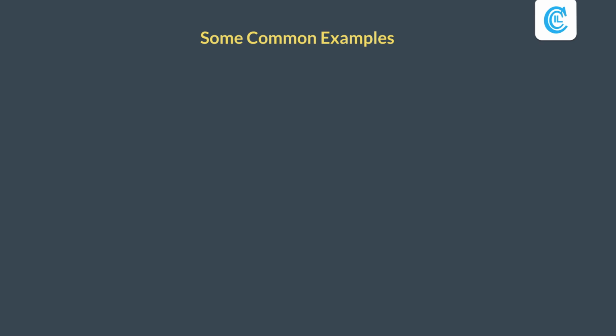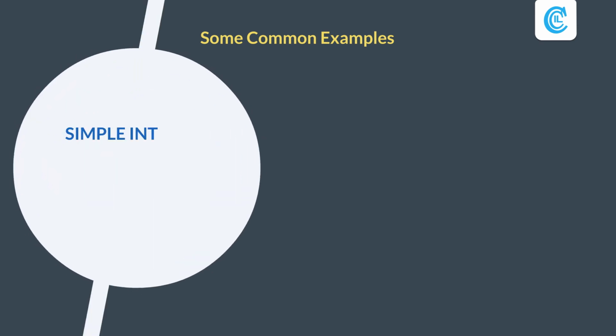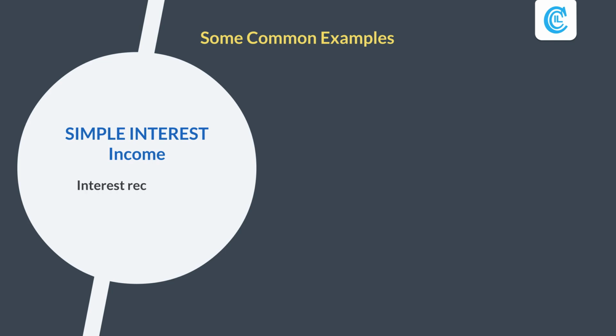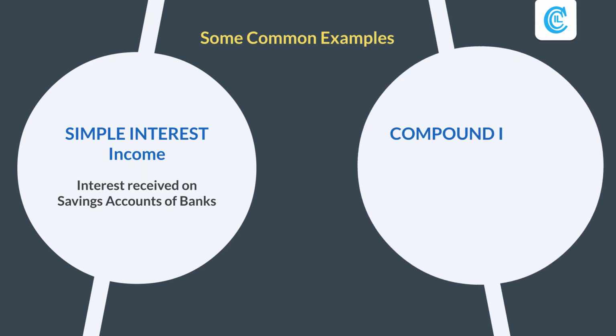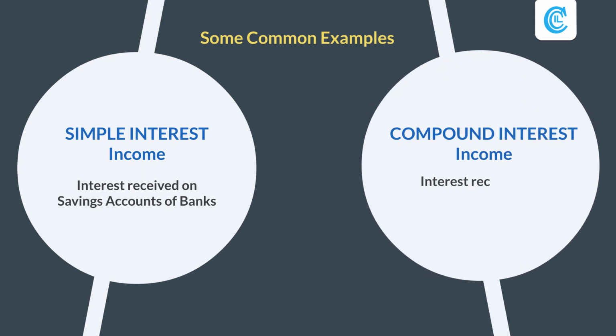Some common examples of simple interest income are the interest received on savings accounts of banks, and of compound interest income are the interest received on fixed deposits. Thus, the longer one has access to money, the more opportunities one has to invest and earn a return. In other words, money has different value at different points in time.